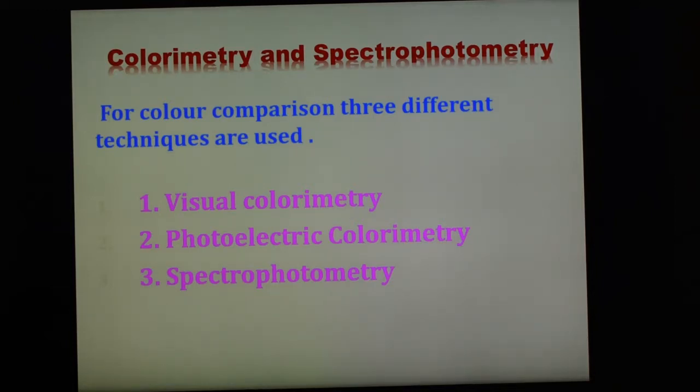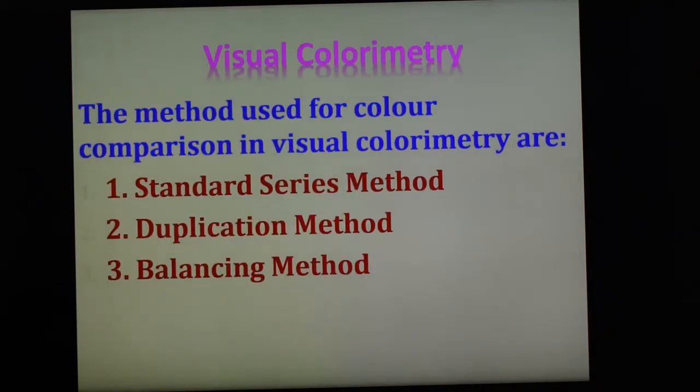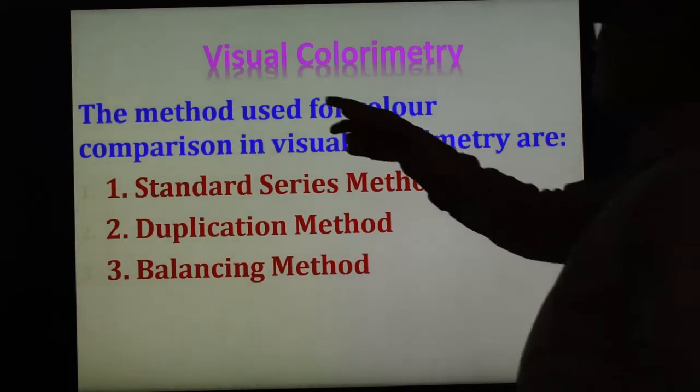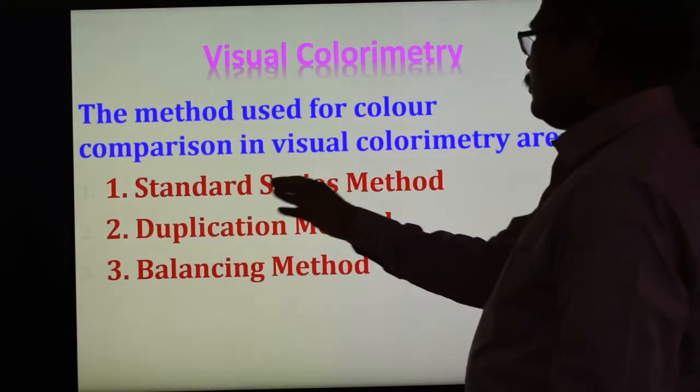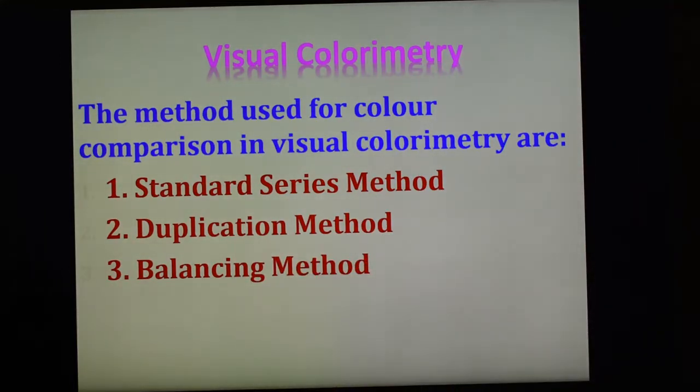In the next slide, in the case of visual colorimetry, the visual comparison of the color can be carried out by using three methods. In this method, color comparison is done by our eyes only and no particular instrument is used.